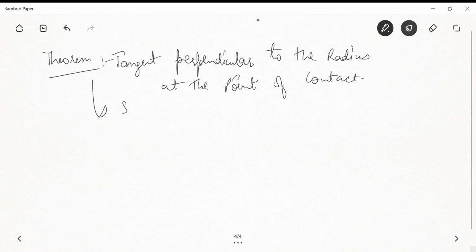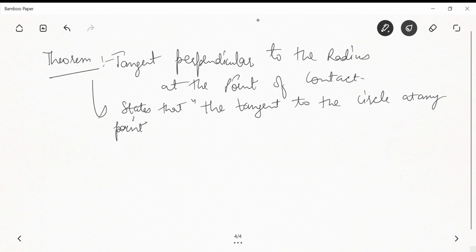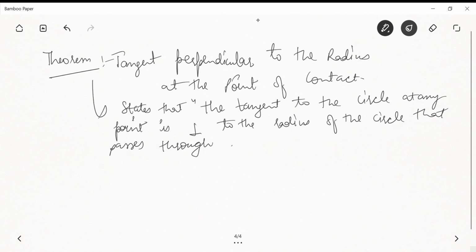This theorem states that the tangent to the circle at any point is perpendicular to the radius of the circle that passes through the point of contact.